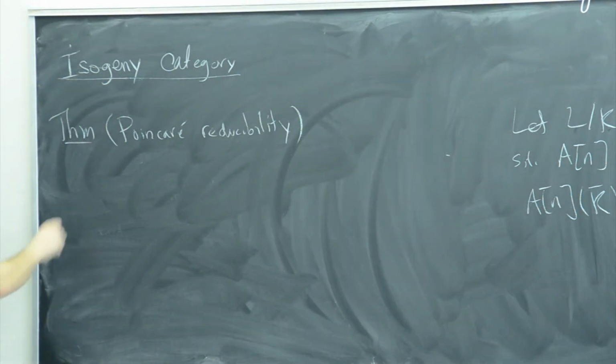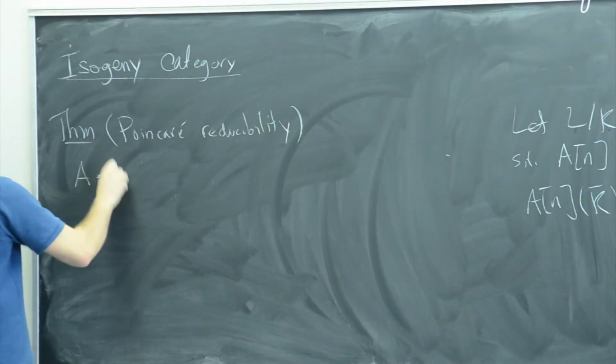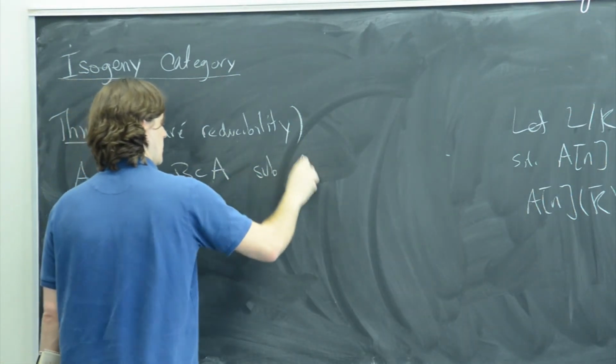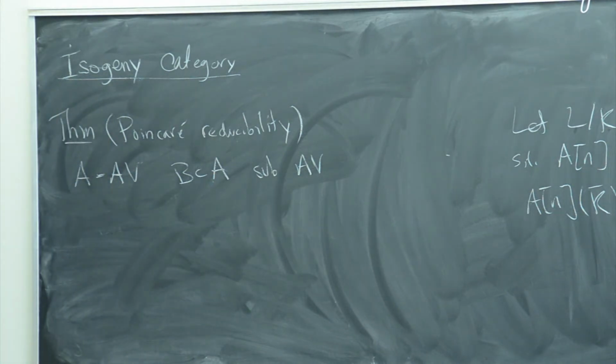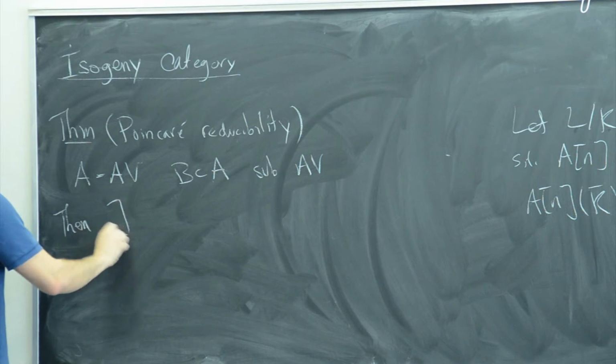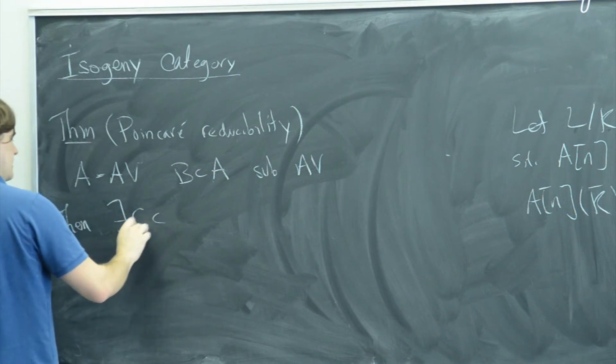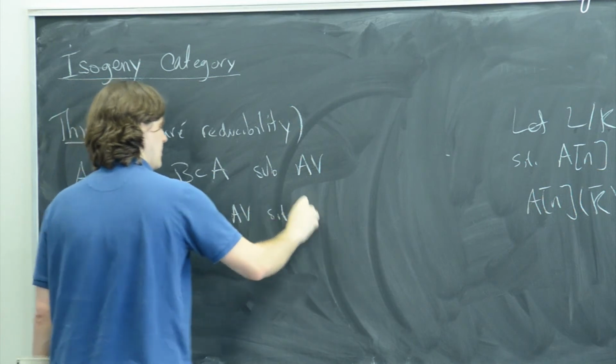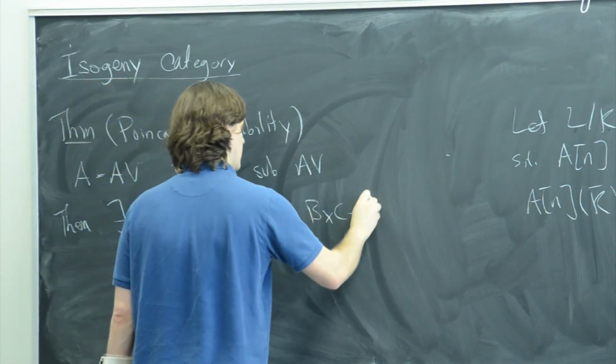So this is the following. So suppose that A is an abelian variety and B is a sub-abelian variety. The statement is, then, there exists a sub-abelian variety C such that the natural map from B times C to A is an isogeny.